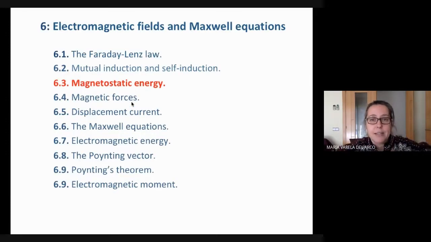All right, for the last 10 minutes of the class, I want to talk real quick about magnetostatic energy, which is not magnetostatic. Yeah, it is magnetostatic. We should just say electromagnetic energy here, because the result we're going to arrive at is actually general.